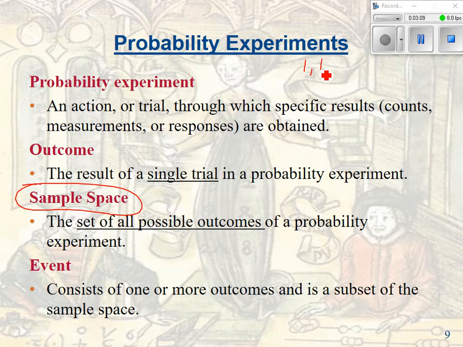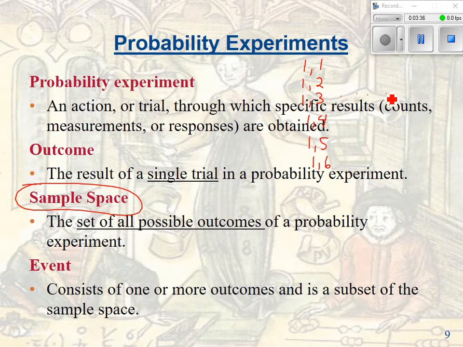You could get a 1-1, you could get a 1-2, you could get a 1-3, you could get a 1-4, you could get a 1-5, you could get a 1-6, so on, so on, so on. You list them all out. Even though it takes a little while, it's better to take a minute or two and write them all out, your whole sample space, than to screw up the whole problem. So that's a set of all possible outcomes.